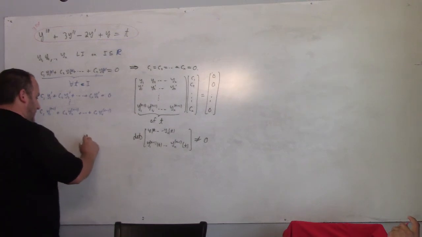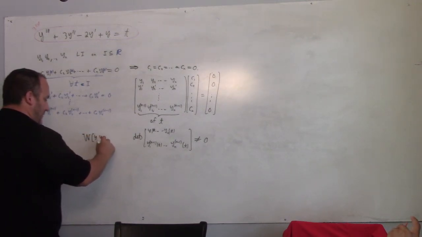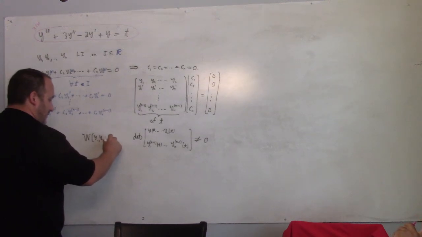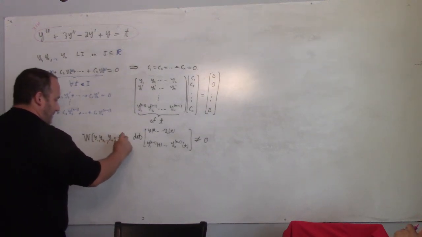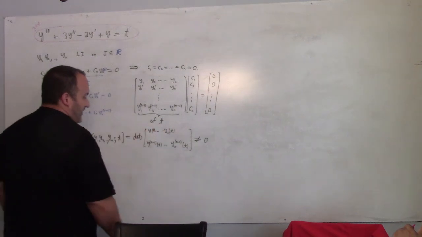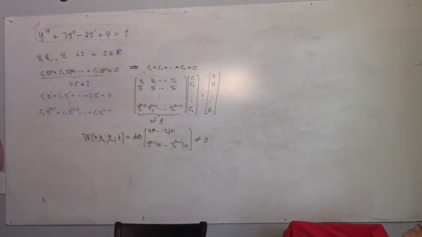And this is what's called the Wronskian of the functions y1, y2 through yn at time t. It's the determinant of this n by n matrix of the functions and their derivatives up to the n minus 1th. This is the Wronskian. Linear independence on a set implies the Wronskian is non-vanishing on that set.